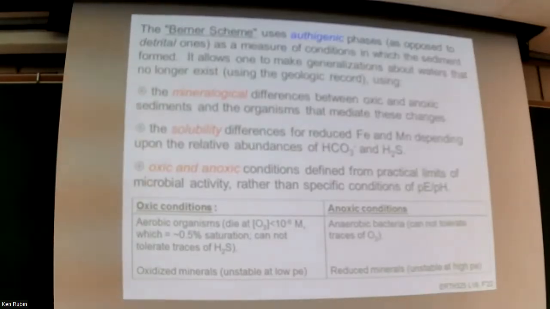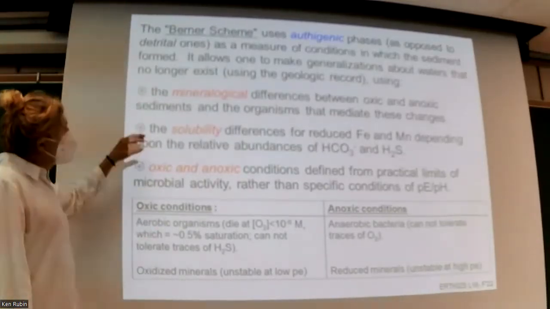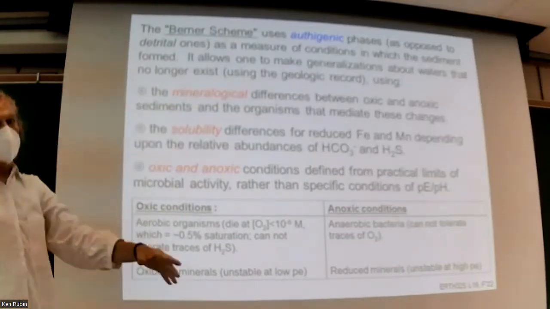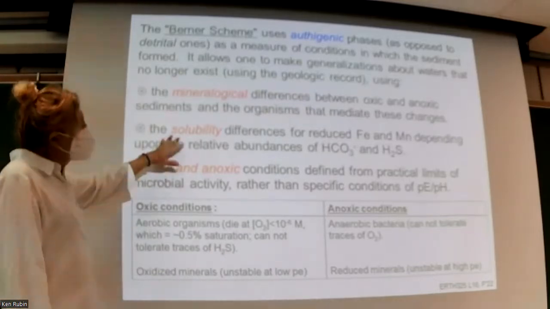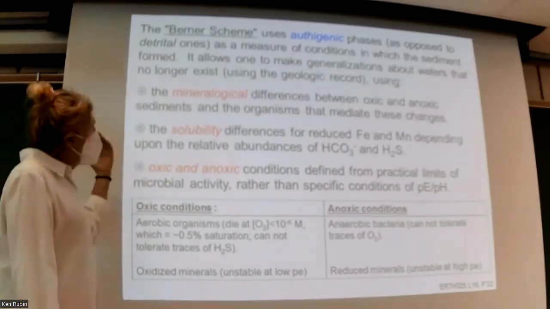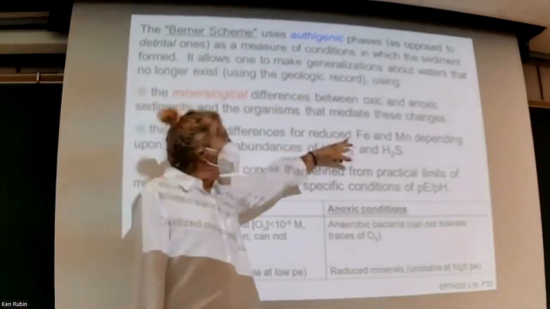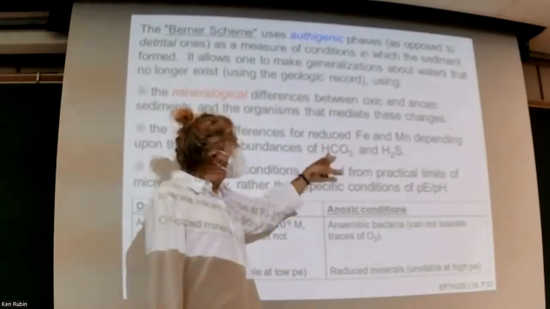So what the scheme tries to do is look at mineralogic differences between oxic and anoxic environments for phases that can come out, authigenic phases, solubility differences of some elements, and for instance, the element iron in the presence of both carbonate and sulfide.